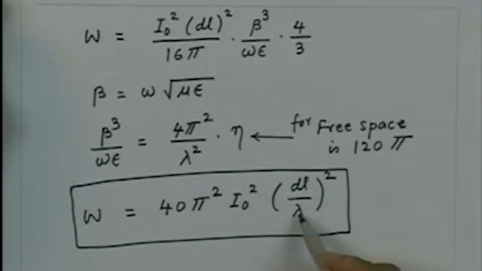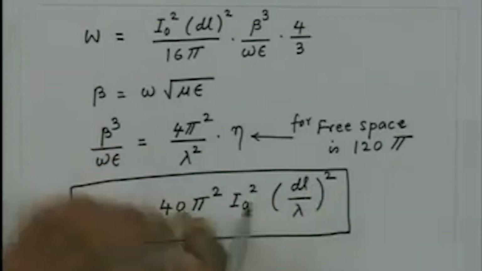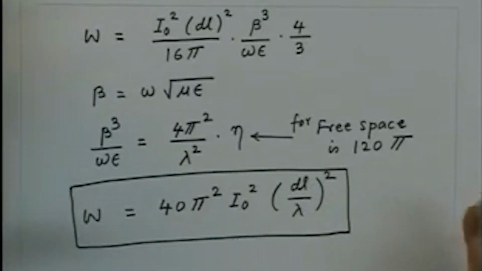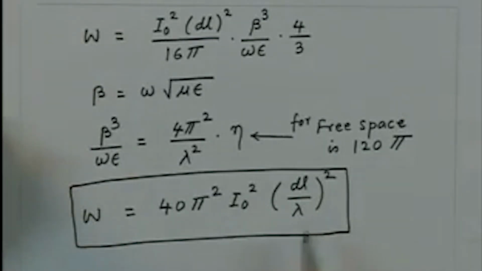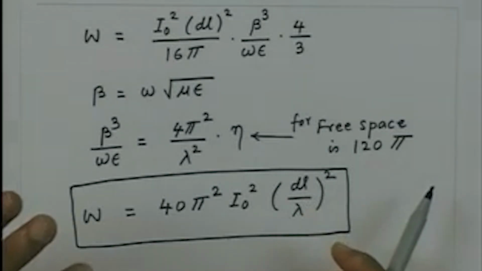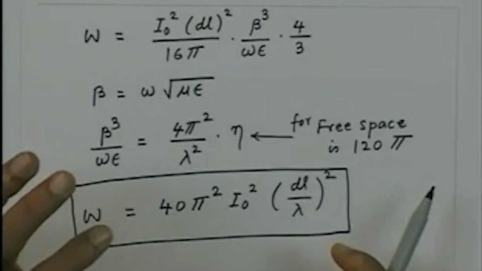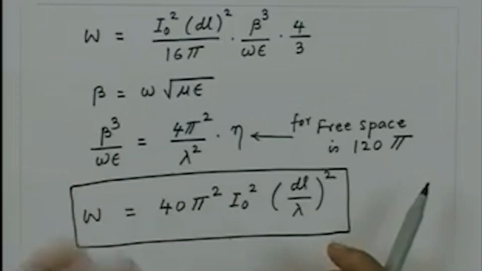So, as the lambda becomes larger and larger, that means the frequency comes down, this dl can be taken physically large enough, so that even then we can satisfy the condition for the Hertz dipole, that is the current is constant along the length, and we can apply this formula to calculate the power radiated by the Hertz dipole. So, the power radiated is proportional to the physical length of the Hertz dipole for a given frequency or for a given lambda.